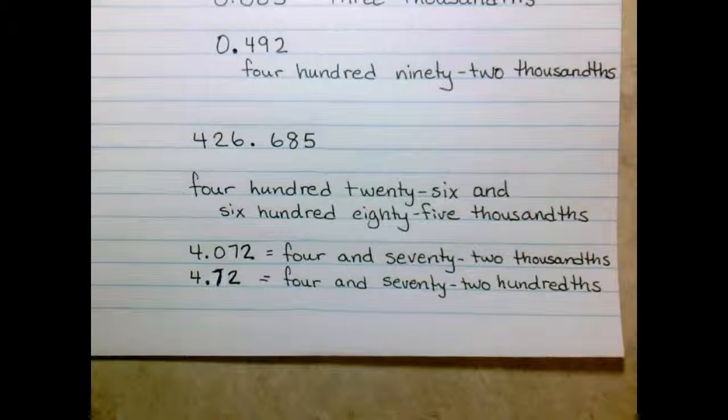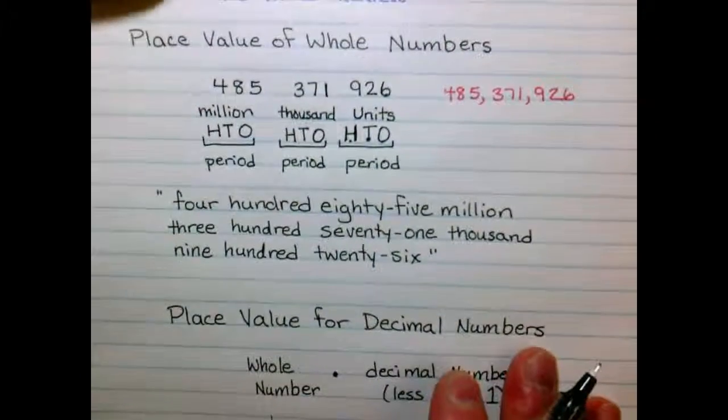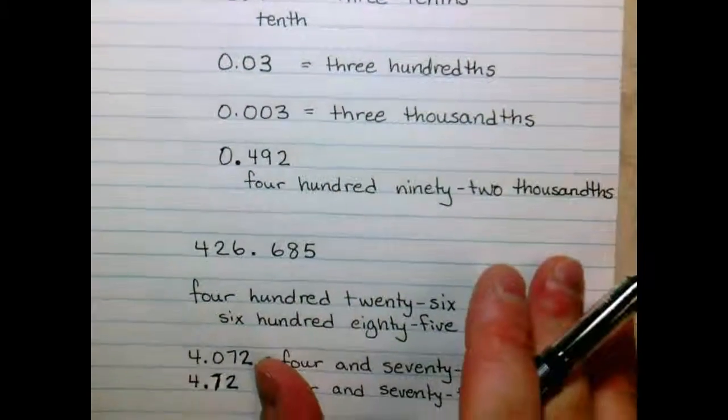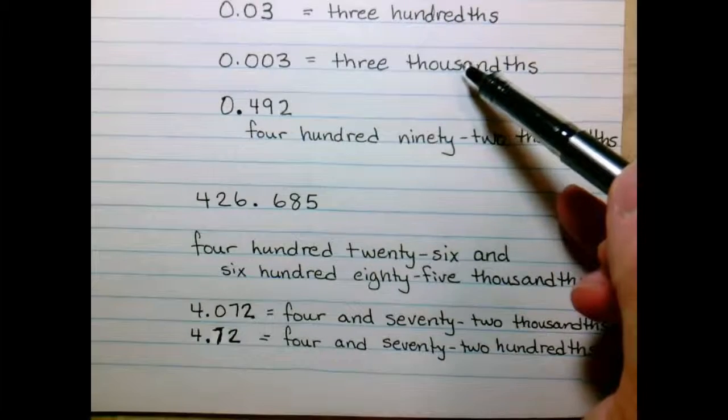So hopefully this is a good review for you to know how to write whole numbers and why we separate them into groups of 3, and also what the names are of especially the first 3 places after the decimal.